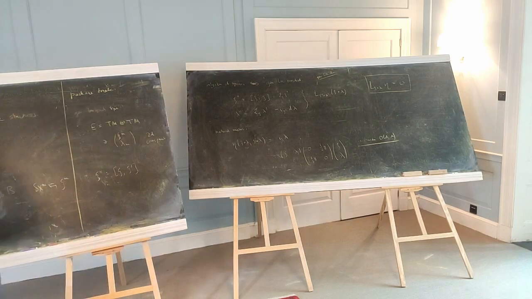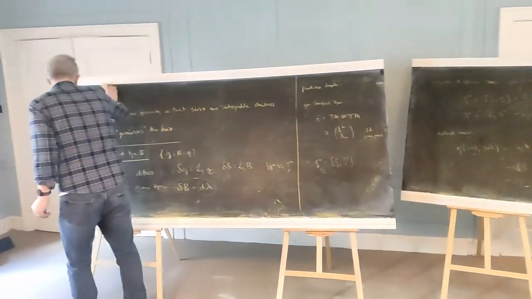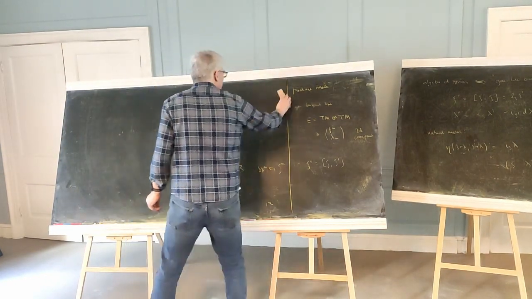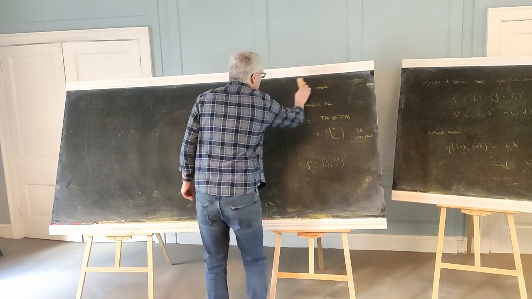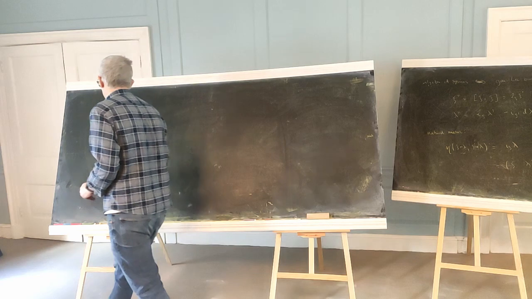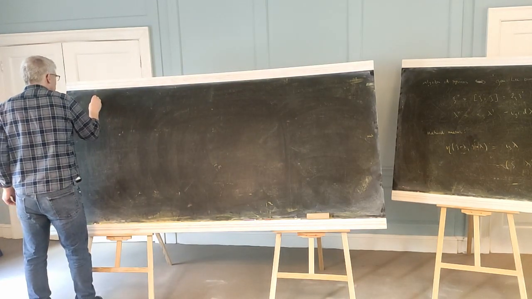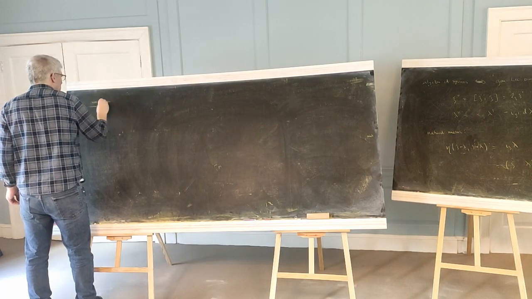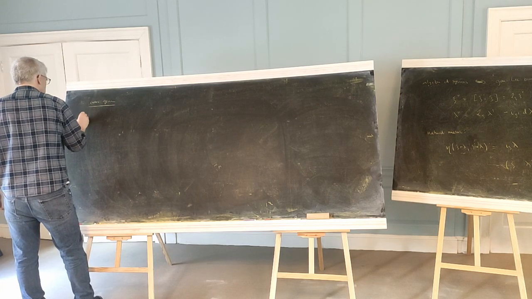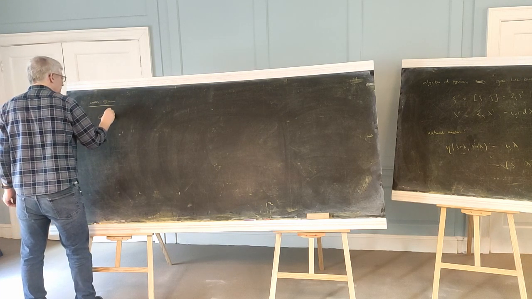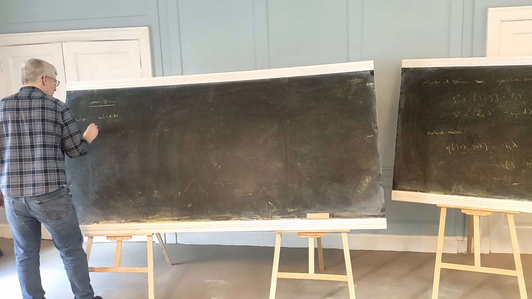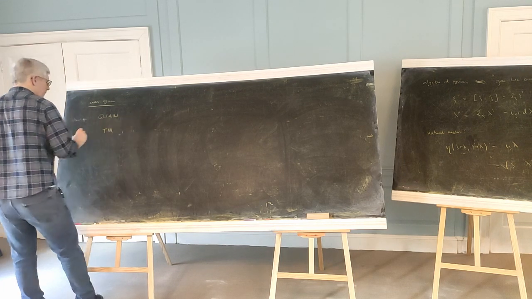So now let me just draw some analogies. So we had conventional geometry, and there we had the structure group, which was GL(d,R). We had the tangent space, which was TM.